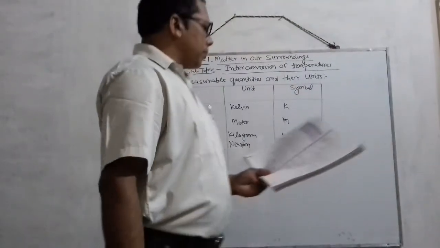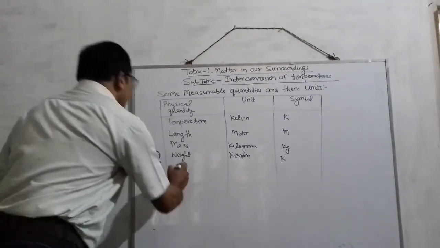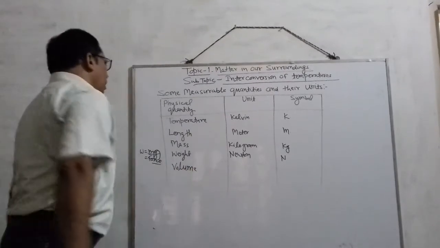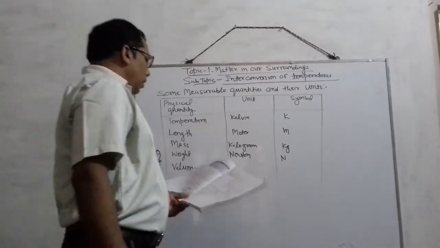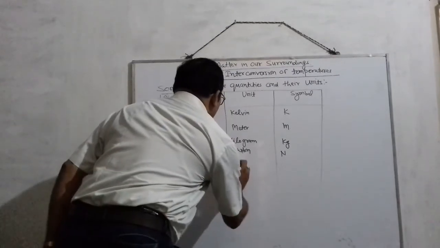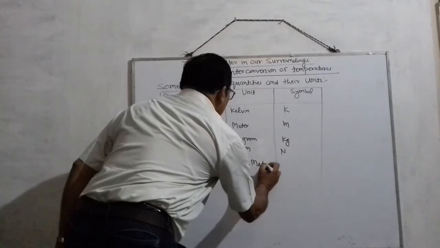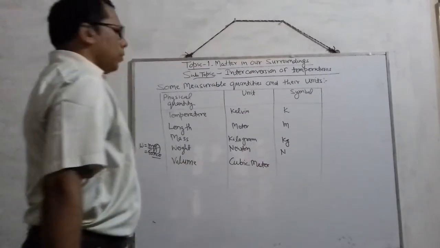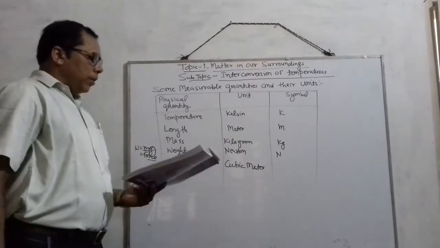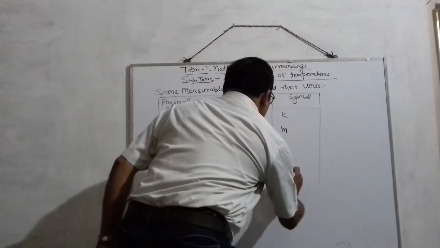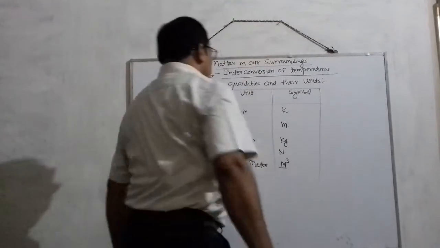Okay. Next quantity is volume. As you know, volume is measured in cubic meter. The unit of volume is cubic meter, and in symbol form it is represented as m cube.